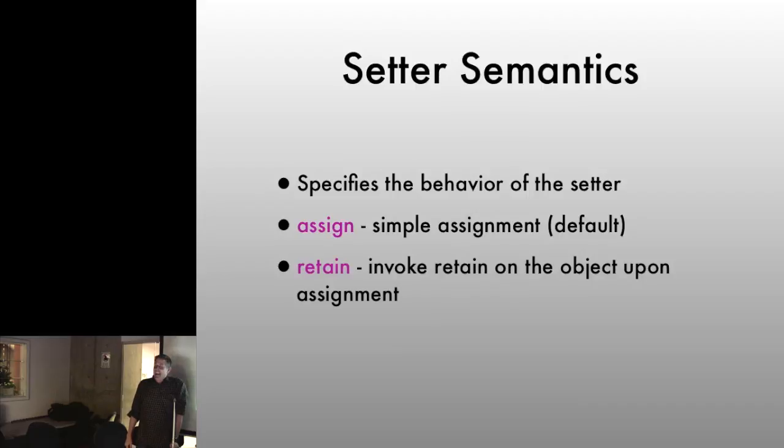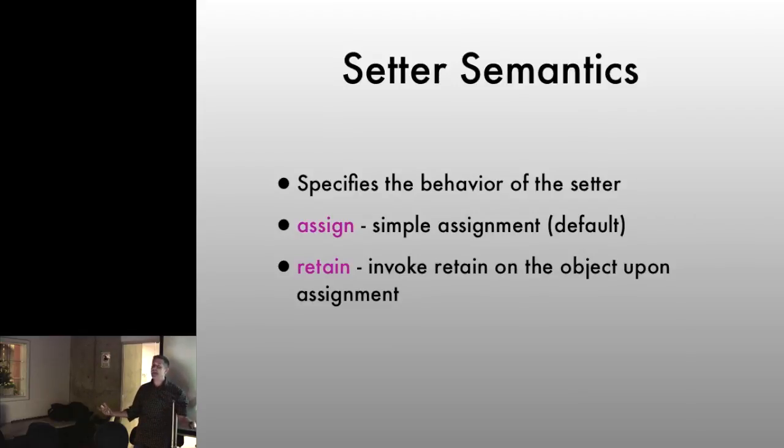There's also retain. Retain does pretty much what you might think it's going to do by now. When you make a reference to an object, it not only copies the value of that object, but it also increases the retain count by 1.